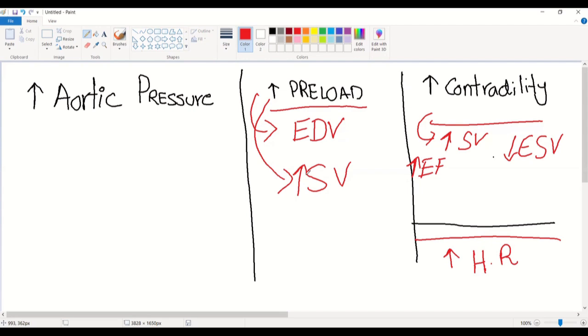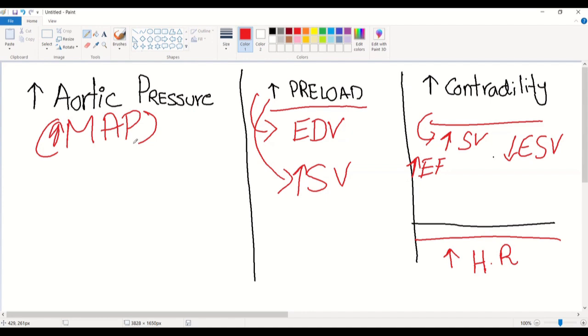So if you increase the aortic pressure or mean arterial pressure, if you increase this, because there are a lot of questions in the USMLE that are arrow questions.